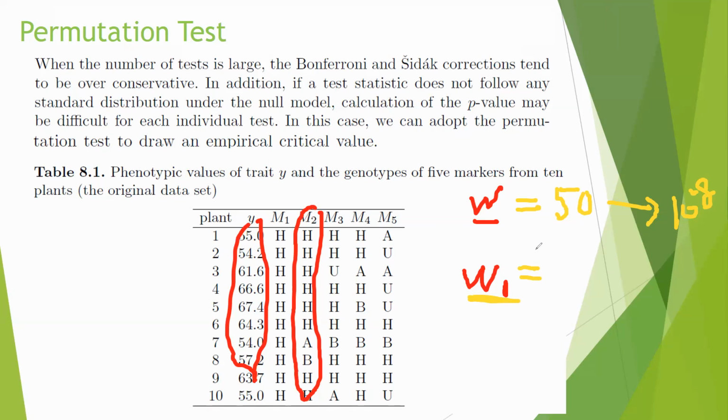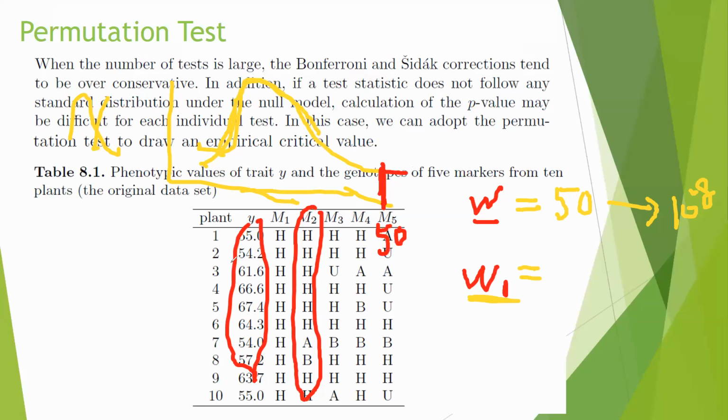No. Okay, because the chi-square distribution is like this, right? If there's an association between this marker and the trait, you're going to get a chi-square something like here, 50, which means there's an association between this marker and the trait, right?